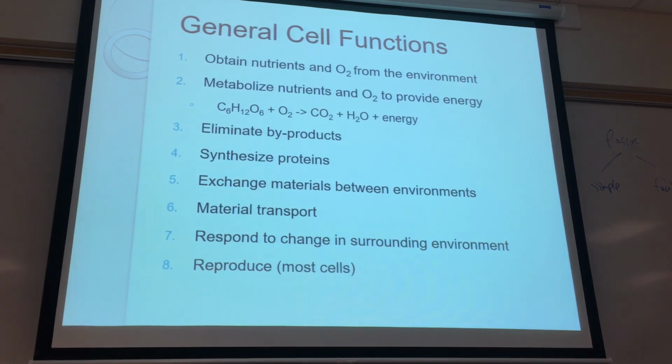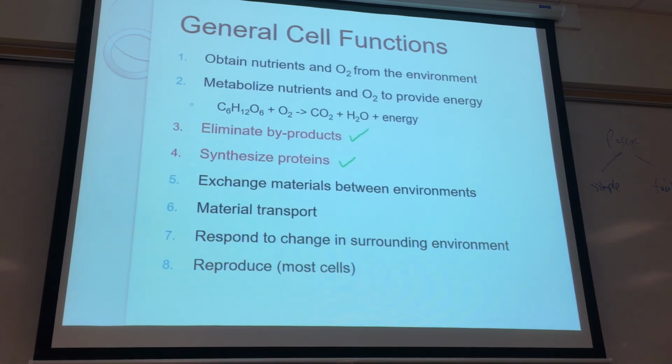So far we've looked at, in this process, how we're able to eliminate byproducts. We talked about the elimination of byproducts through lysosomes. We've talked about synthesizing proteins through the process of transcription and translation.